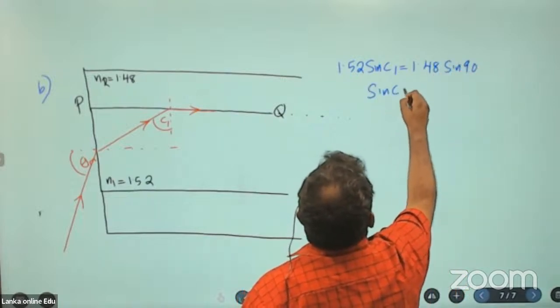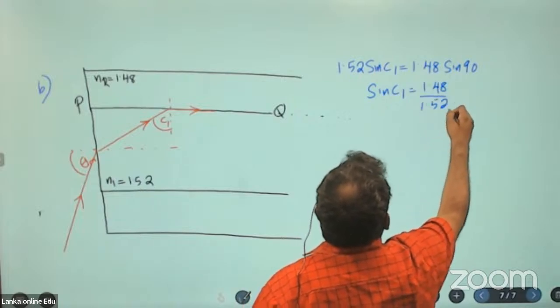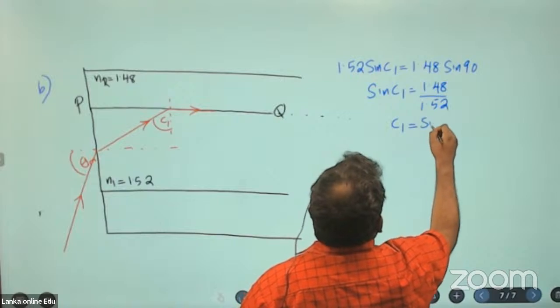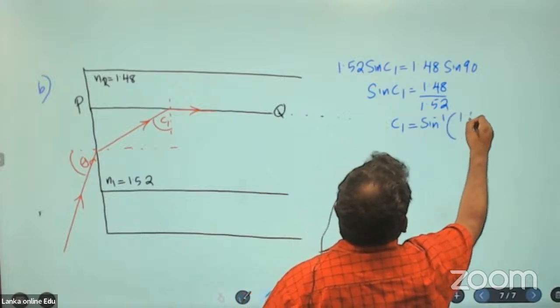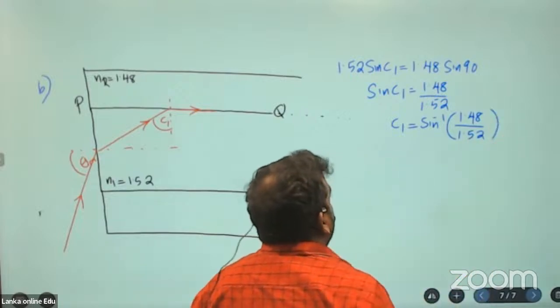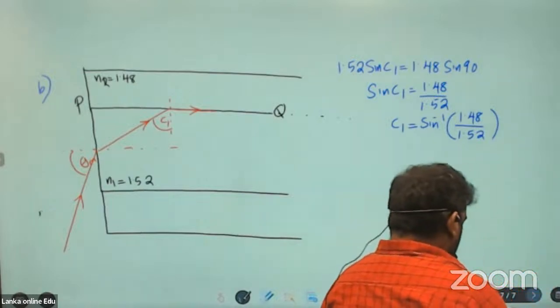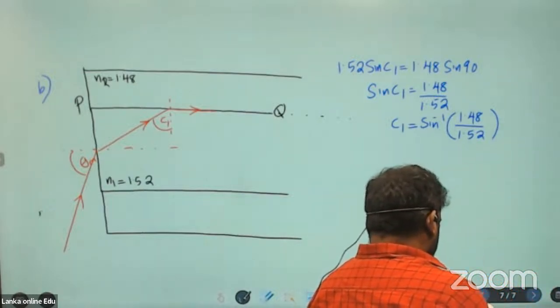Sin C1 is 1.48 divided by 1.52. C1 equals sine inverse of 1.48 divided by 1.52.